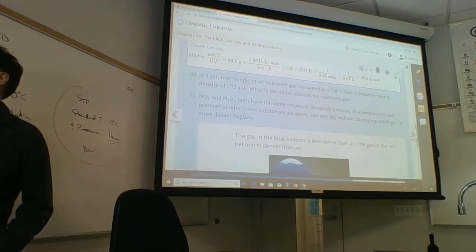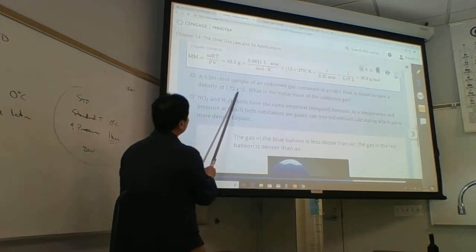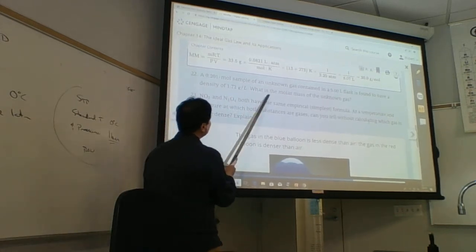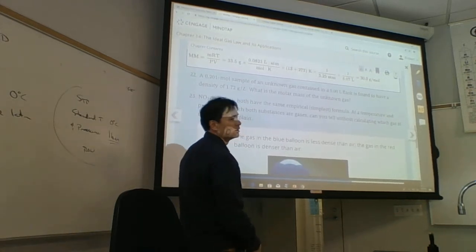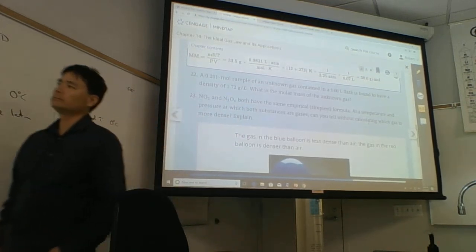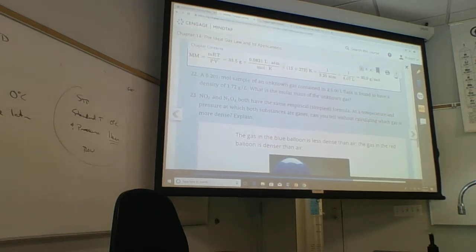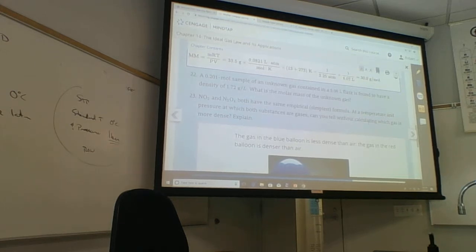We just need the temperature and the pressure. Do we have the temperature and the pressure? No. So this is a variation of it. And in order to get the molar mass, we need the mass over moles.